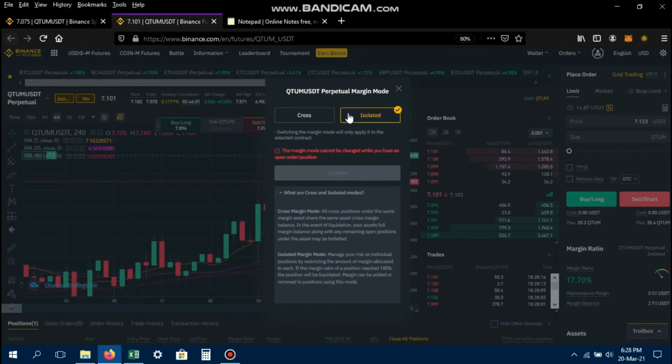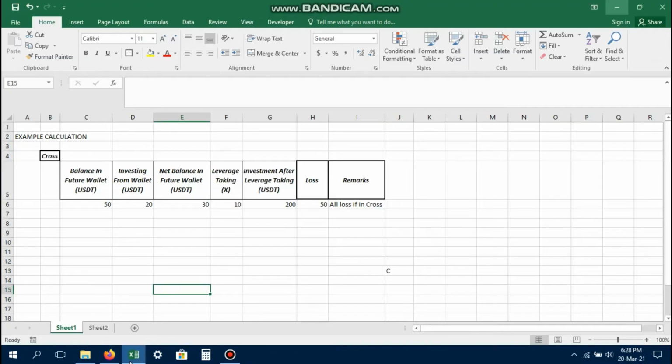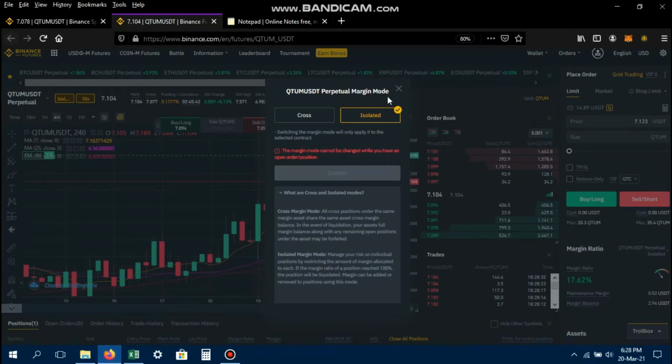Now the difference between them is, for example, this is a little tutorial. For example, in cross, if I have balance in my future wallet, I want to tell you something before that.